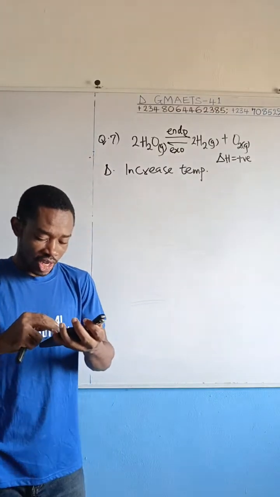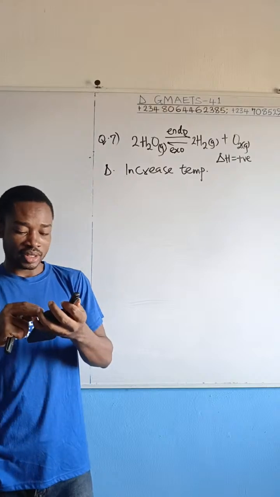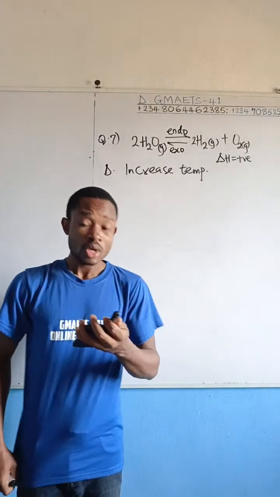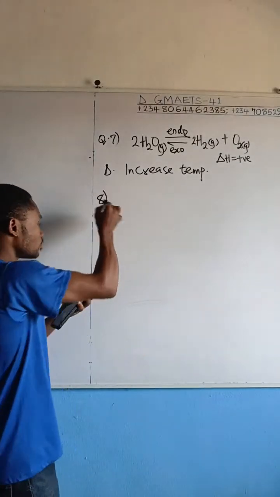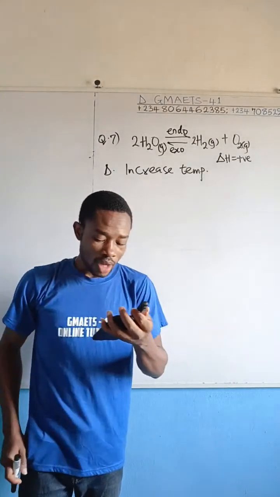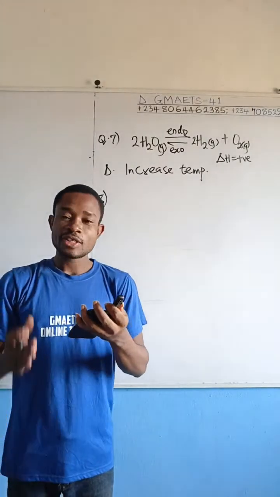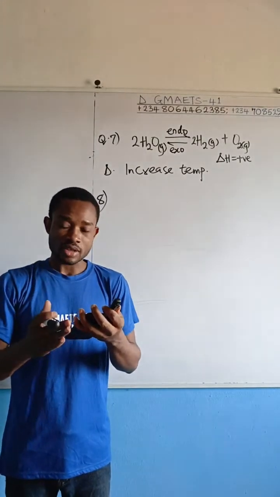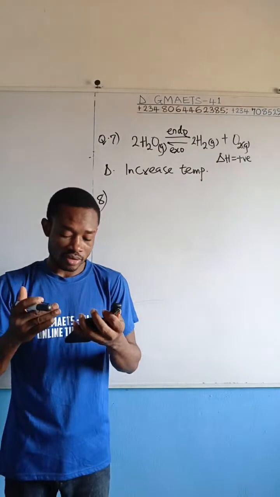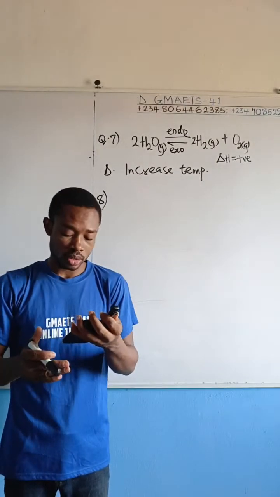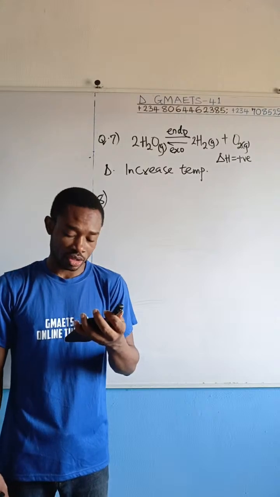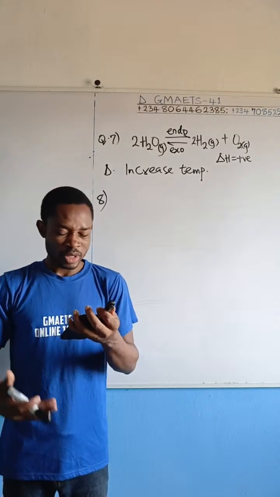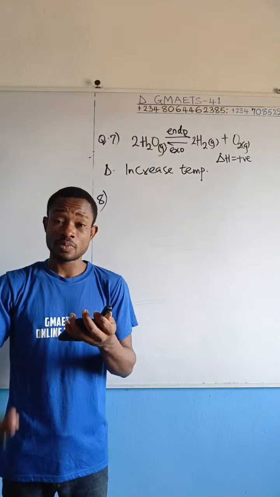All right, let's move on to question number 8. It's not calculation, so I think we read and go straight. Question number 8. What is the term for the state in which the rates of forward and reverse reaction are equal and there is no net change in the concentration of reactant and product?